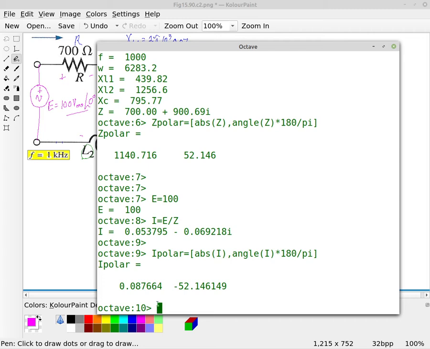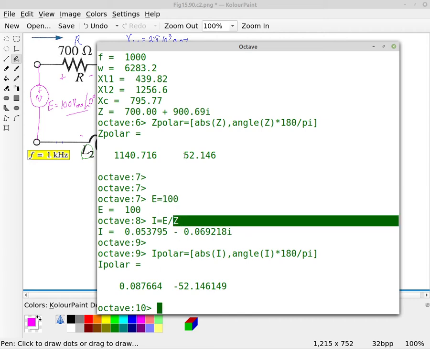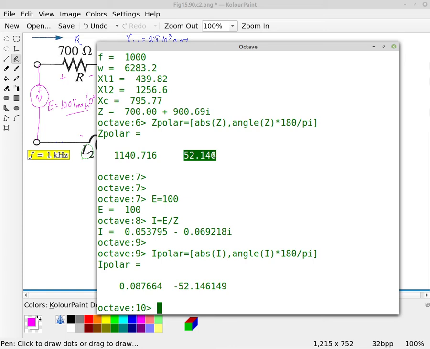And so this gives us our current, which turns out to be almost 88 milliamperes, with an angle of minus 52 degrees, right? Because the angle of our voltage was 0, and we're dividing by the impedance, so you subtract off that angle, so you get this negative.